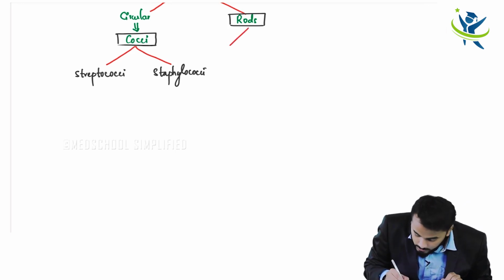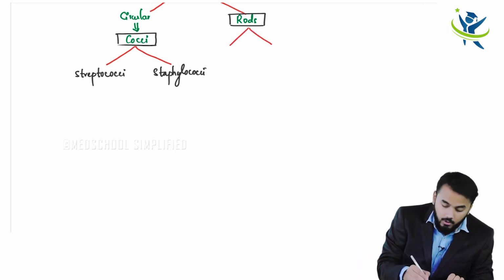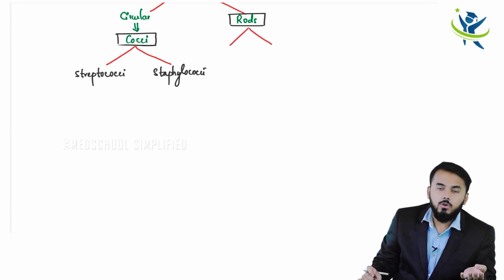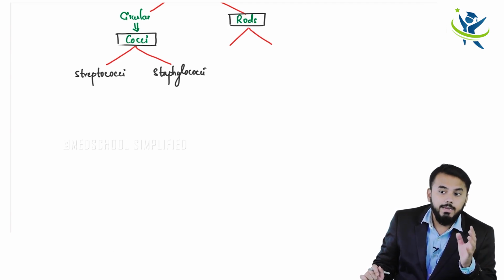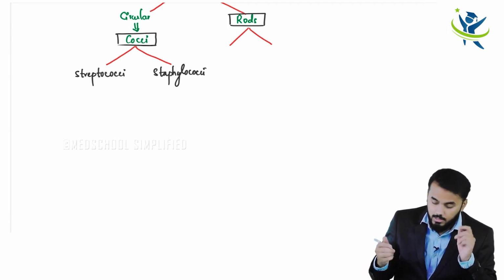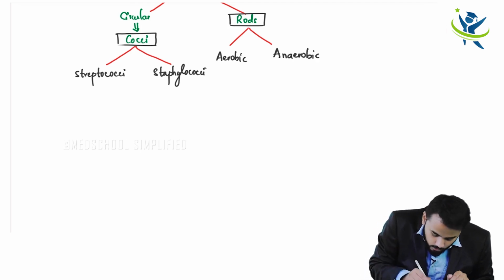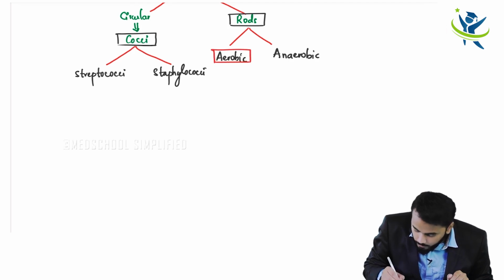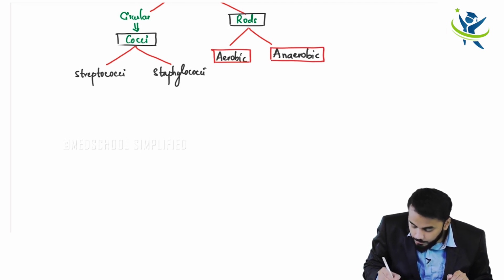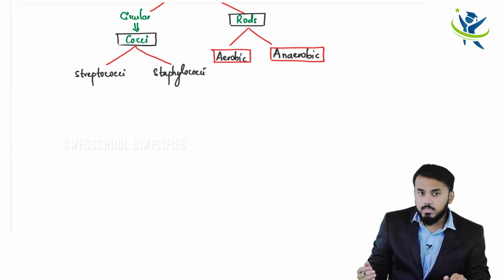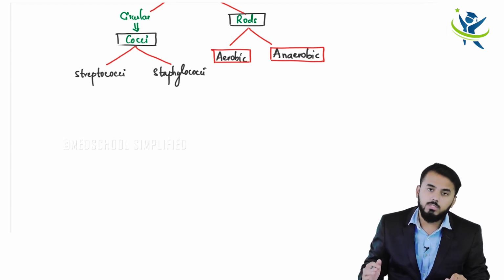Coming to the rods, how do you classify them? There are some rods which are aerobic, which can live in the presence of oxygen, and some which are anaerobic, which live only in the absence of oxygen.